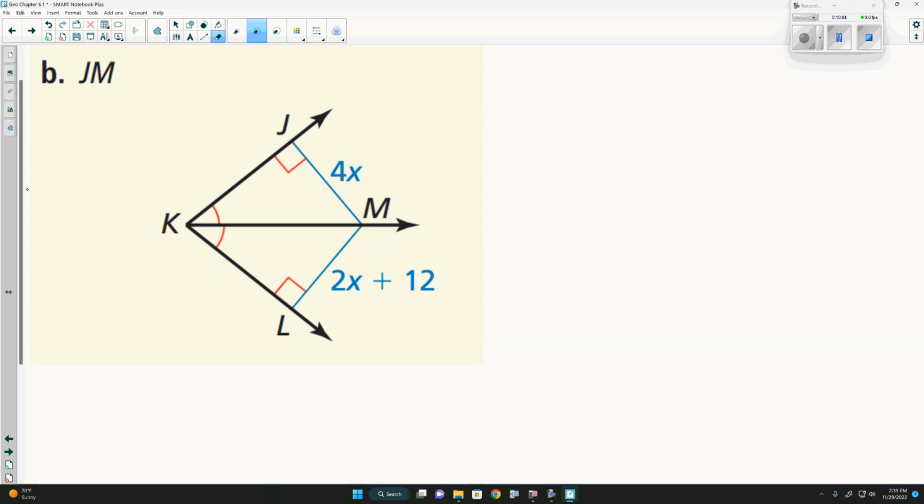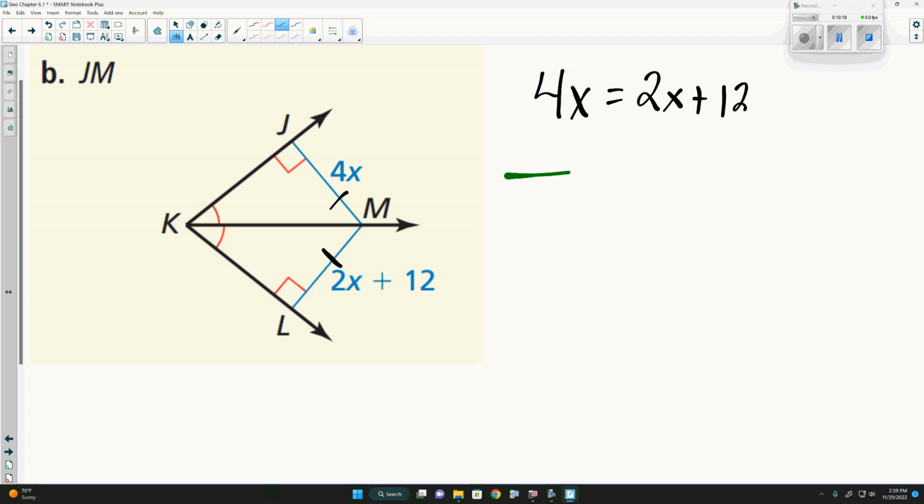So we want to find JM. Well, these two lengths are equal, so we can set 4x equal to the other expression, and the first thing we can do is subtract 2x. 4x minus 2x equals 12.